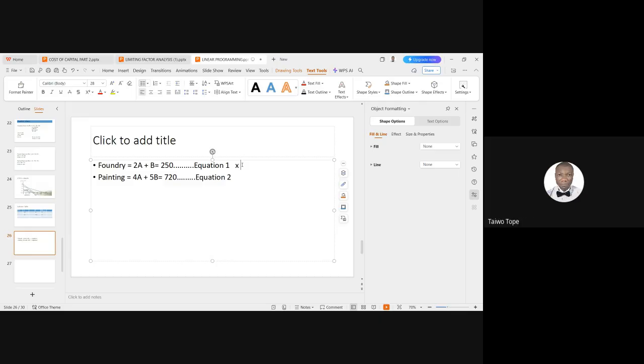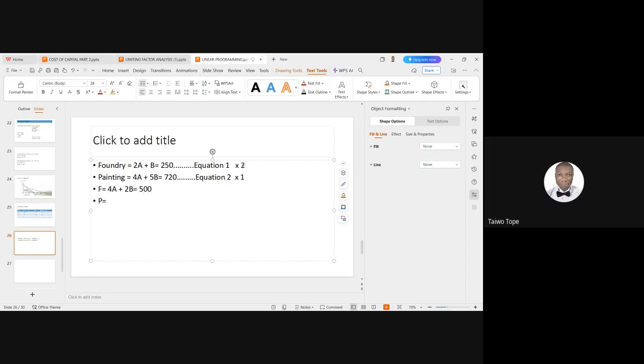By 2. So it will become 4A. Equation 2 will be multiplied by 1. So 2 times 2A is 4A, plus 2 multiplied by B, 2B, will be equal to 2 multiplied by 250, which is 500.